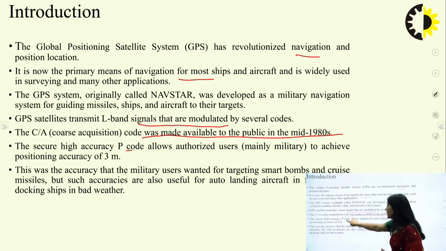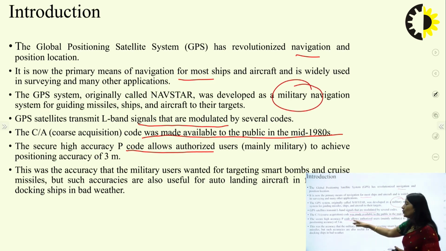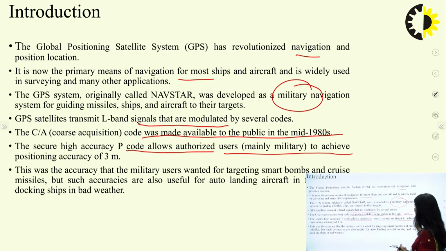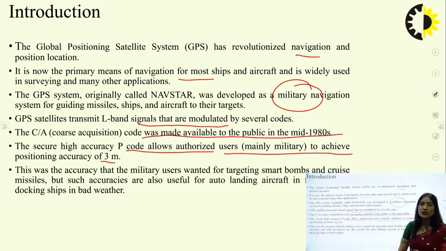Whereas the high accuracy P code, which was used by the military, is known as the precision code. It allows authorized users, mainly in the military, to achieve position accuracy of 3 meters. This was the accuracy for military users who want to target smart bombs and cruise missiles.